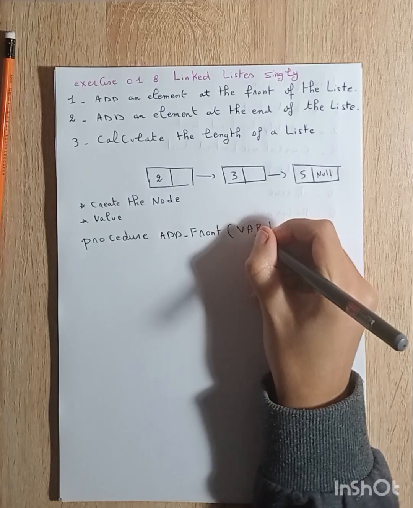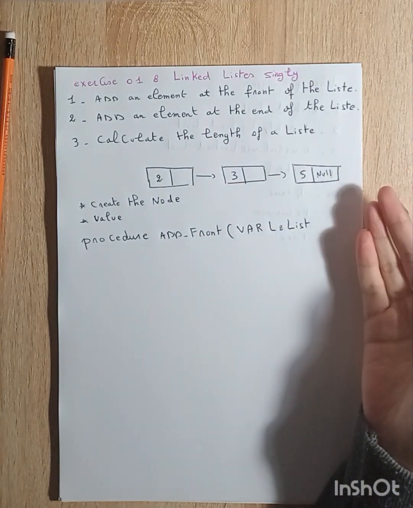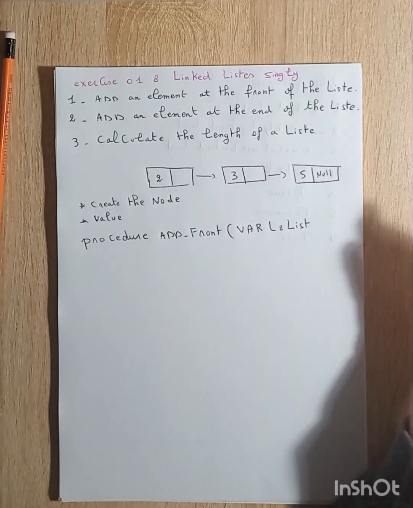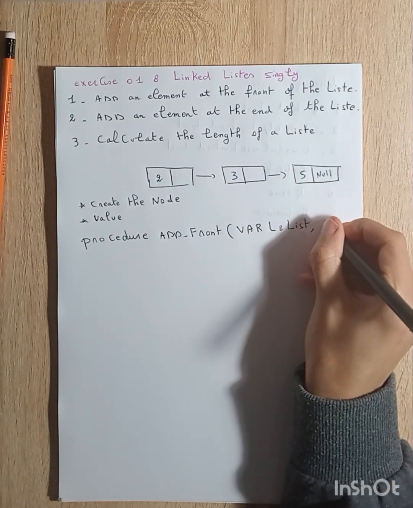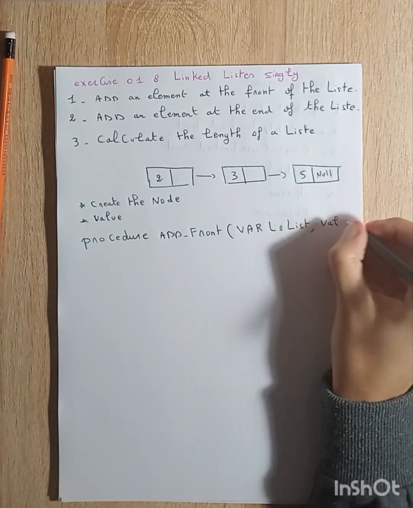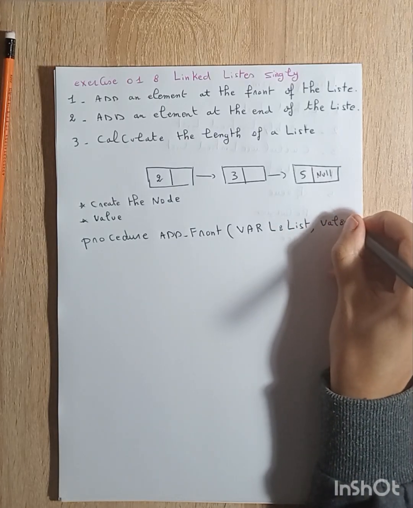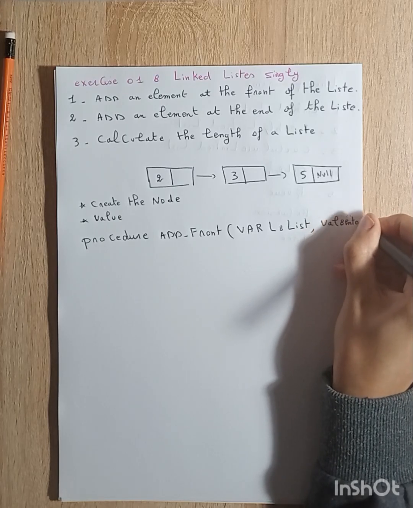Why did I say var? Because this list won't stay like it was. It will be changed. This is why I said var, variable. And then we have val, the value that we will give to this node. I will say integer.